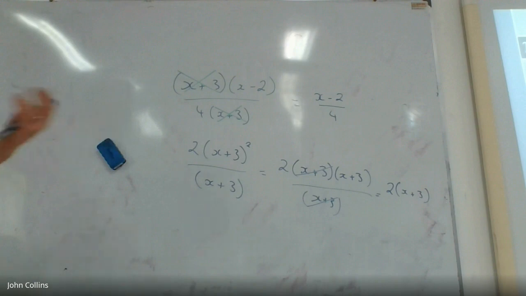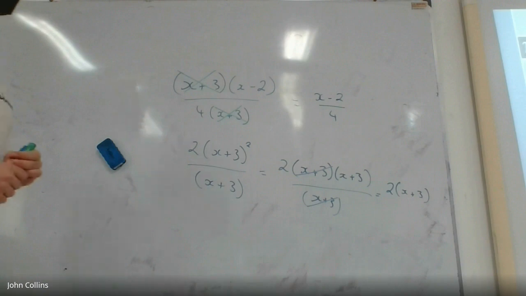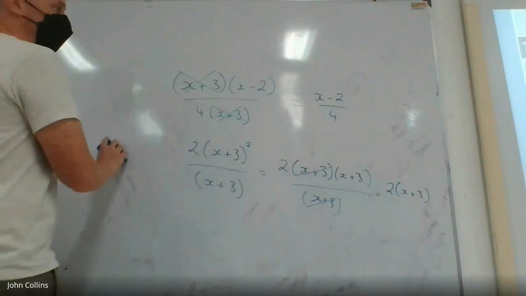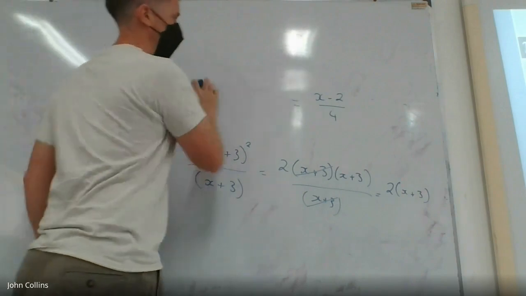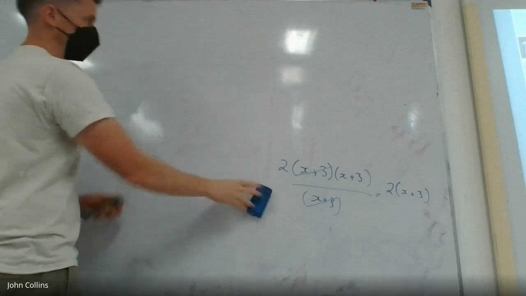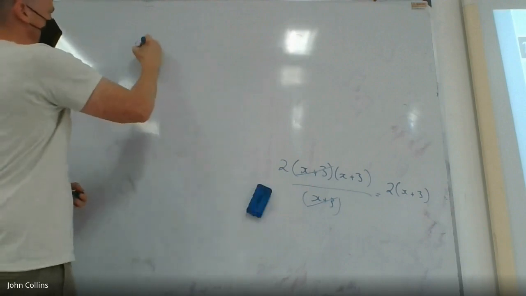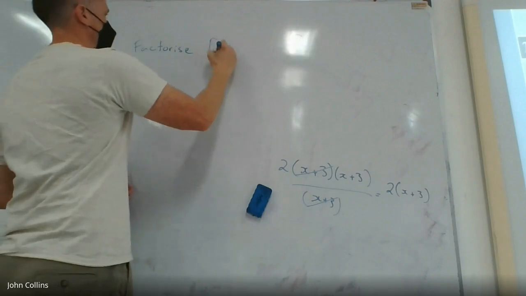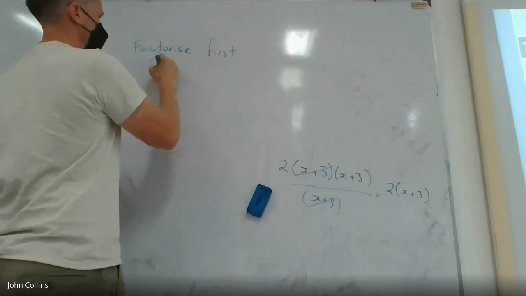The first step ones are the ones that have already been factorized, already split up into their factors. The ones that we're going to do now, we have to factorize first, then cancel, then simplify. So these are the factorize first, then simplify type.